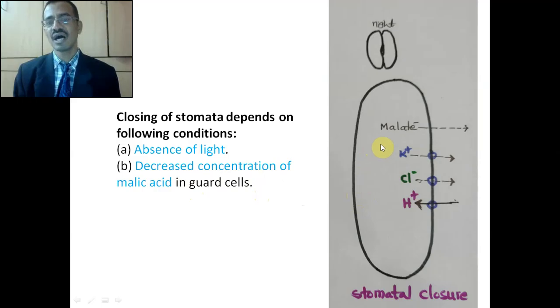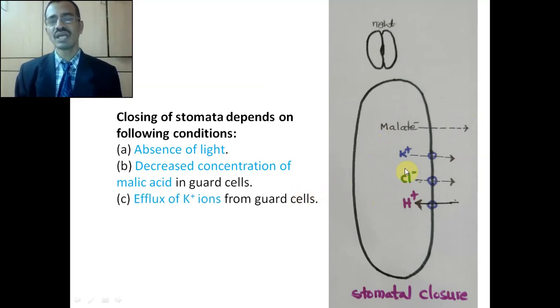As we observed earlier, the starch is converted into malate during the daytime, but at night time, in reverse, the malate present in the guard cells comes out of the guard cells and enters into the subsidiary cells.